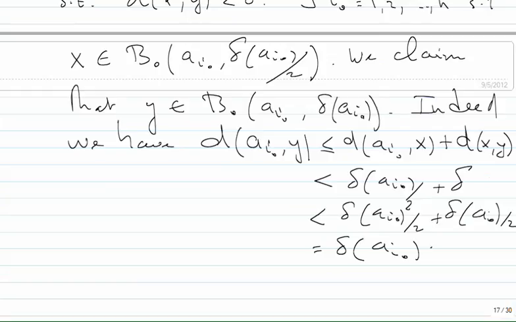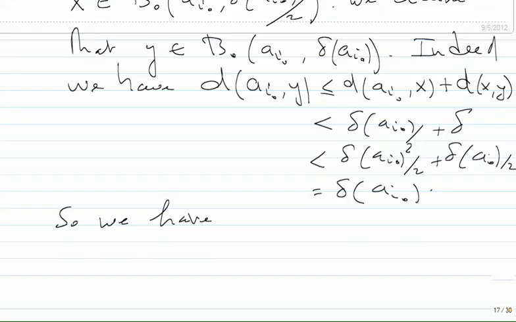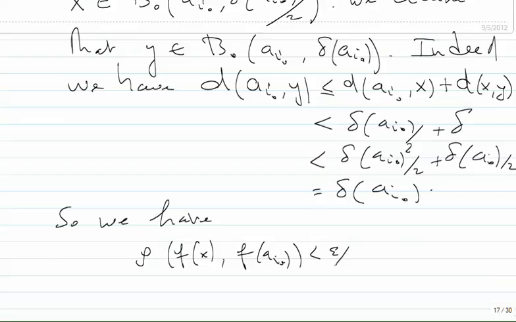And now we use the continuity at A_i0. So by definition of the delta A's, we have rho of f of x, f of A_i0 less than epsilon over 2, and rho of f of y, f of A_i0 less than epsilon over 2.